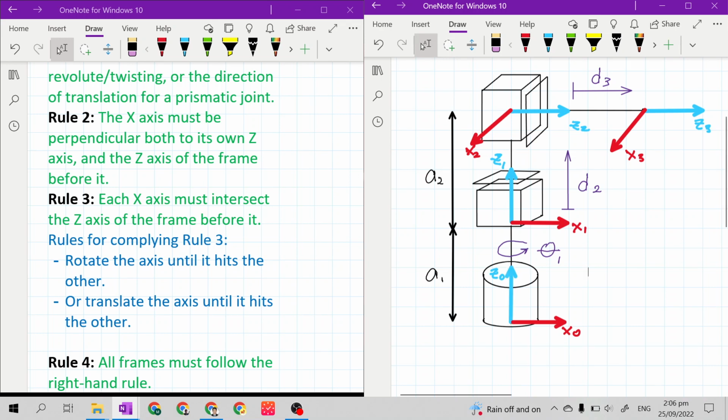Okay, class, be reminded that the directions you chose for your axes are the positive directions, while the opposite side of your chosen axis will be considered negative. So what does it mean?